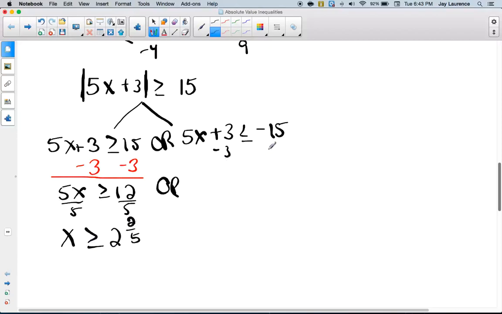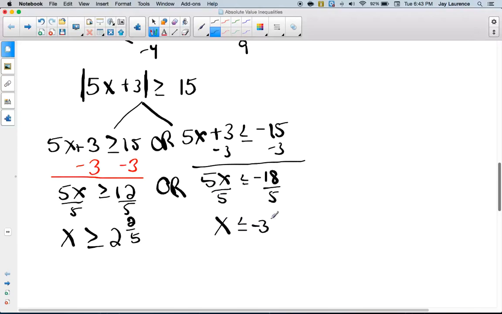Okay, so I subtract 3 over here, going back to the problem. I'm going to get 5x less than or equal to negative 18. I'm going to divide by 5, divide by 5. X is going to be less than or equal to negative 3 3/5. Okay, now remember, this is an or.